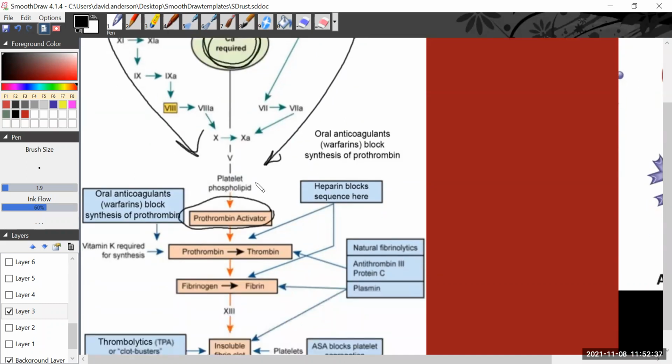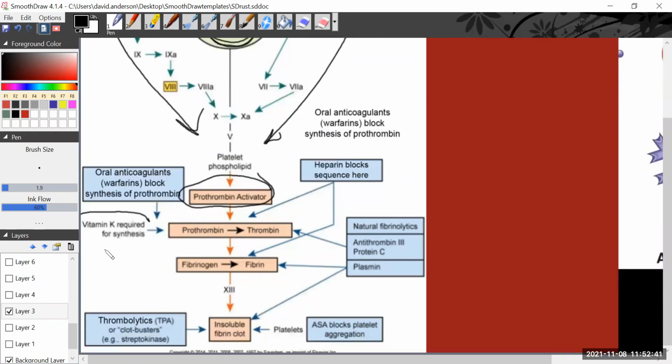Prothrombin activator is the goal of both pathways. In order to produce prothrombin, we need vitamin K. So that's going to be an important factor in the production of prothrombin that gets converted to thrombin, fibrinogen to fibrin, and we get the formation of an insoluble clot.